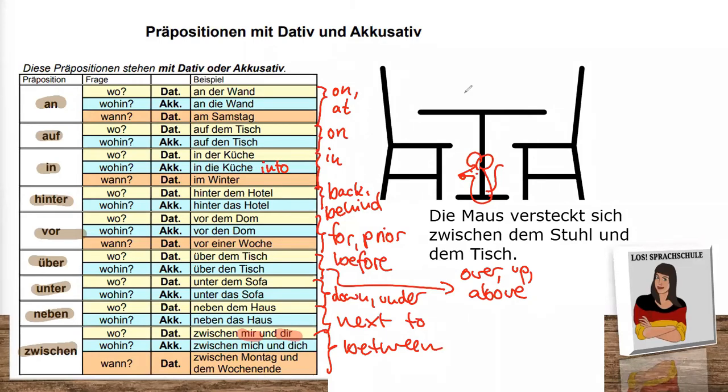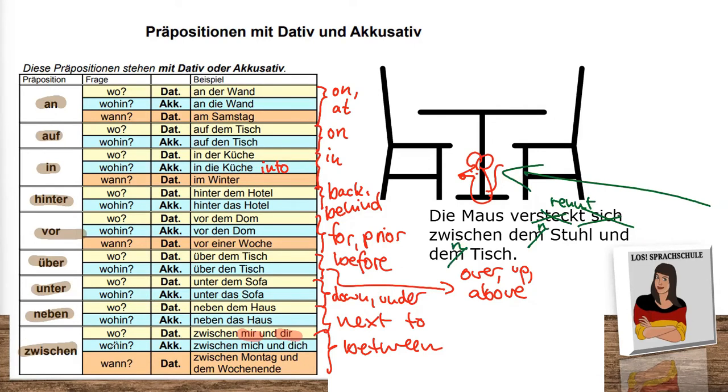And if we want to change the statement to make it a movement, we just have to cut out the verb because we need something that is not static, that's a movement. Die Maus rennt, runs, zwischen den Stuhl und den Tisch. Now it's Akkusativ because the mouse ran between the table and the chair.